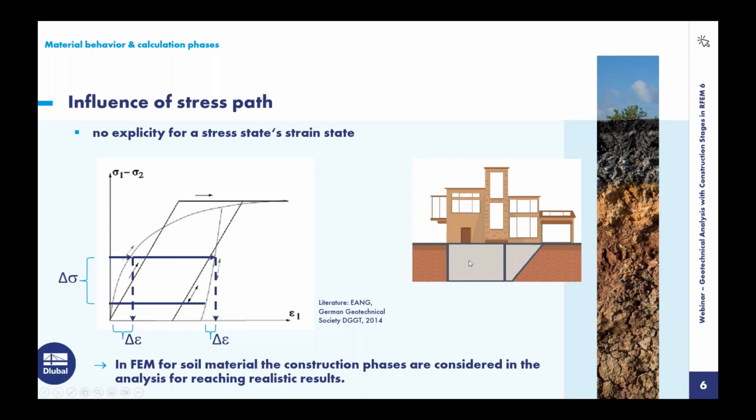And then you should start to put in the construction, and you should consider these phases. So in finite element analysis for soil material, the construction phases are considered. In the analysis, you need to do this to reach realistic results with these material models.